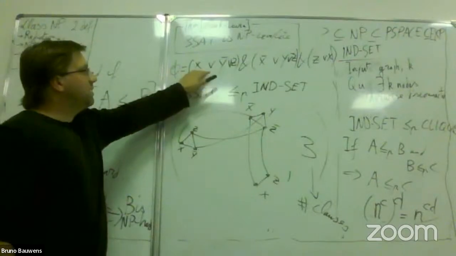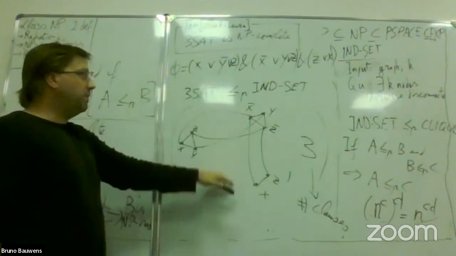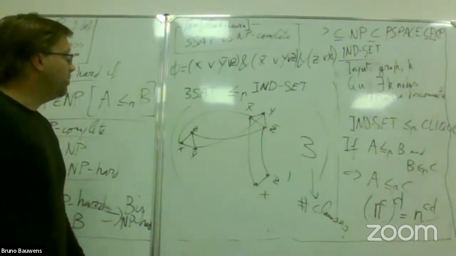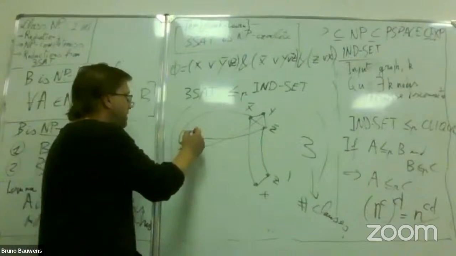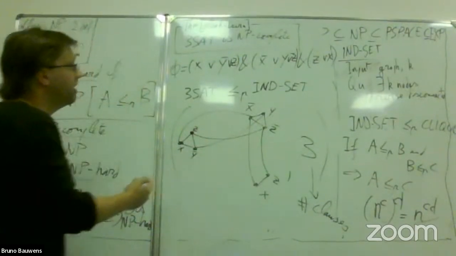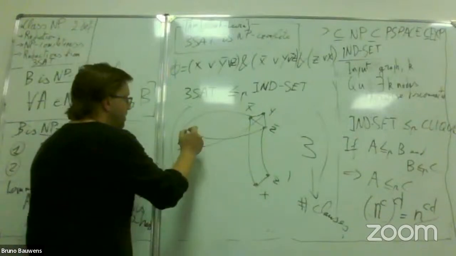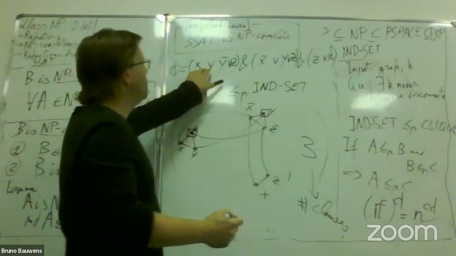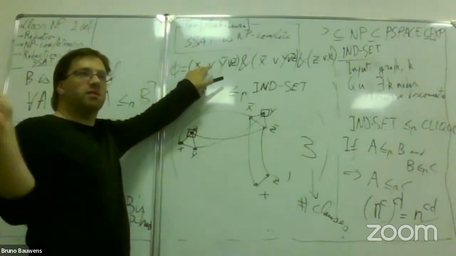If the formula is satisfiable, then an independent set exists. In every clause we choose one literal that is true. For example, if we take all positive ones, then we can choose them, as we noted before.